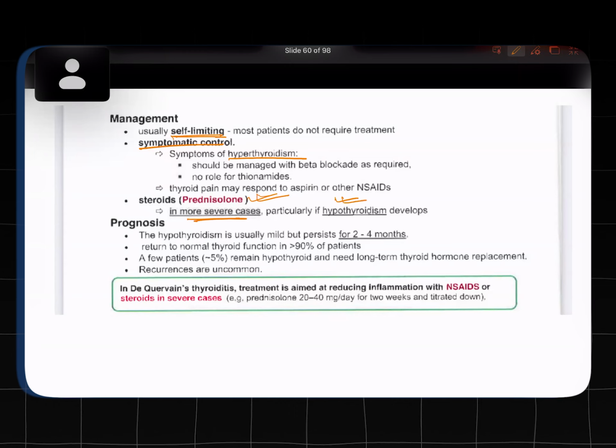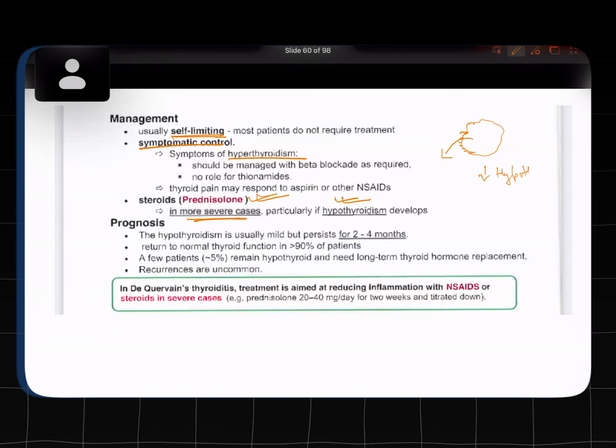If hypothyroidism develops, then you can give steroids. Why is hypothyroidism occurring? Because these follicles have been destroyed, and all the thyroid hormones have come out and been used up. So the patient will soon go into a severe hypothyroid state, basically a hypothyroid crisis.